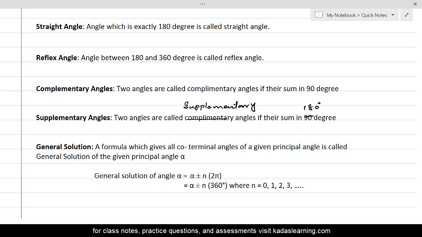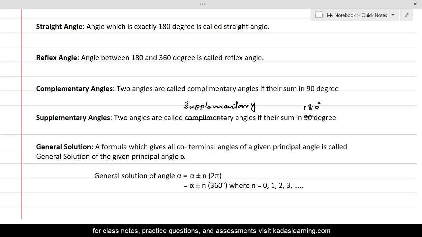And in this formula, alpha plus n times 2 pi, 2 pi is one complete turn, which of course doesn't change the location of the terminal arm, and n stands for the integral multiple. When n is 1 it is one turn, if n is 2, it means we had 2 turns, if n is 3, we had 3 turns, if n is 4, then we had 4 turns.